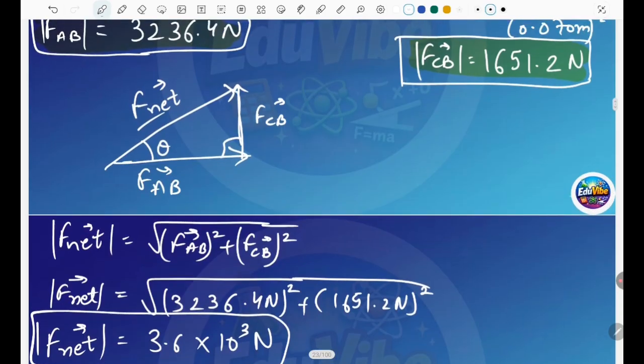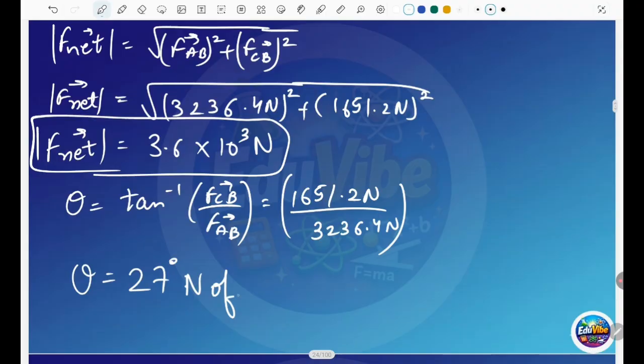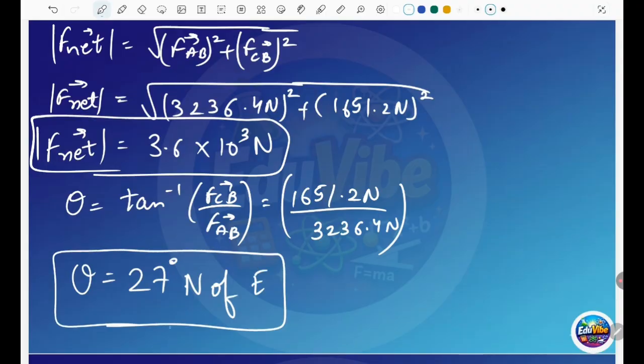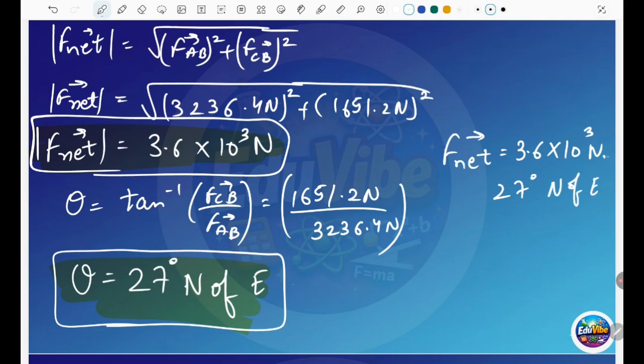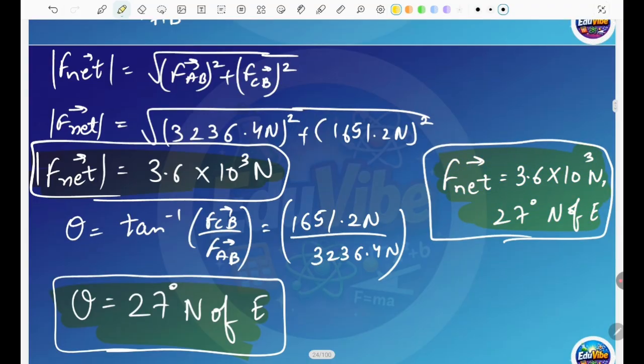This goes north and then east, so it's north of east. So we arrange them all: 3.6 times 10 raised to power 3 newtons, and 27 degrees north of east. So that's how you have to find it when we have this type of thing.